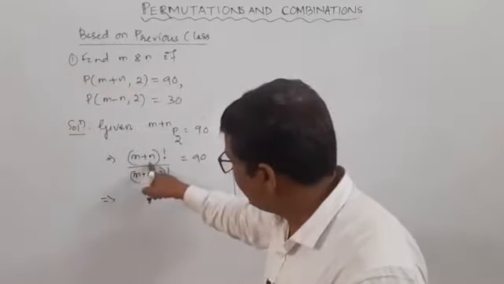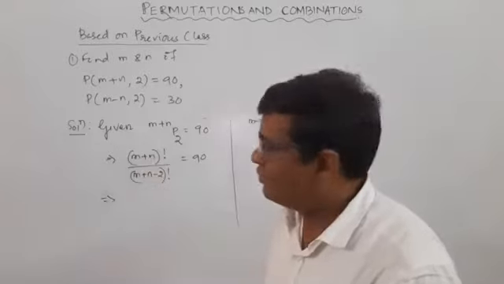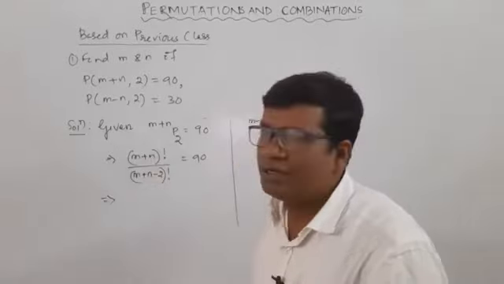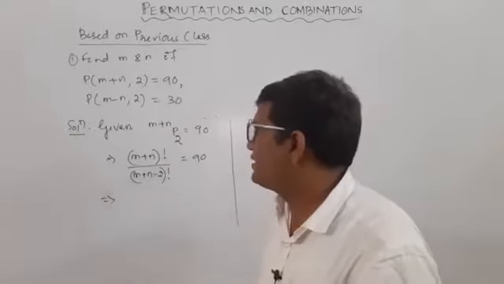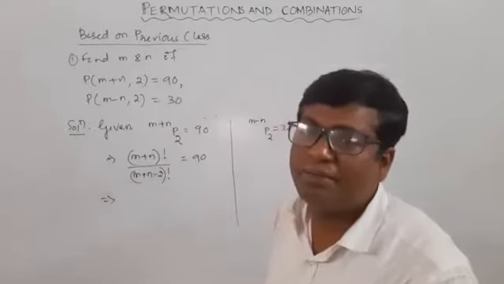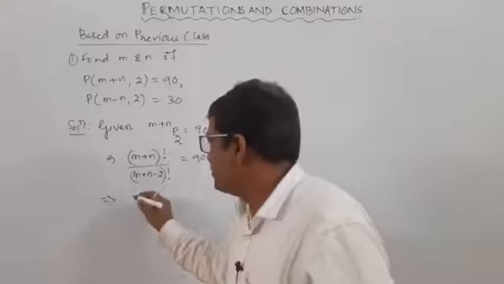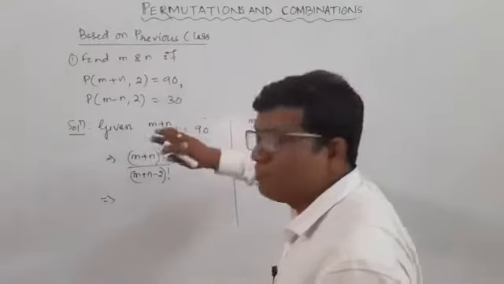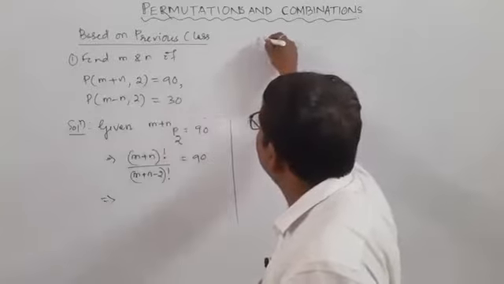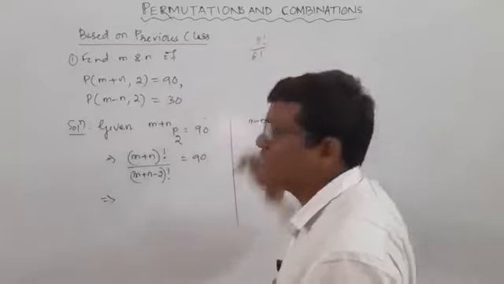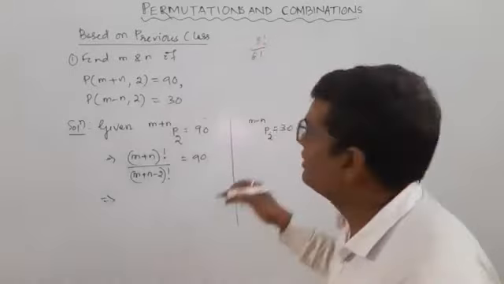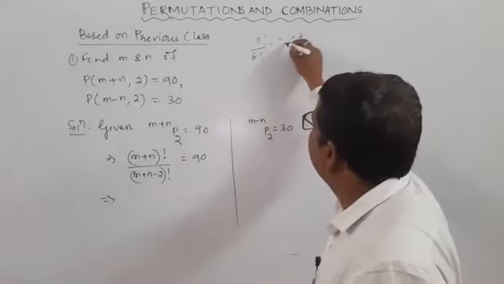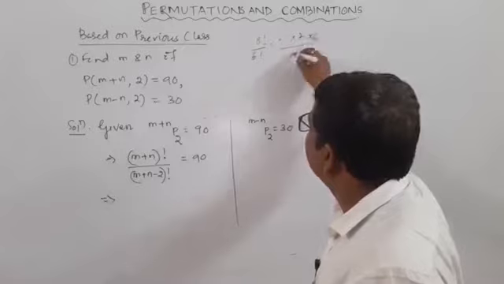Obviously the numerator is greater, so break the numerator as (m+n)!. For example, suppose you are given 8! divided by 6!, then how does it break? That is 6! into 7 into 8 divided by 6!, then cancel.